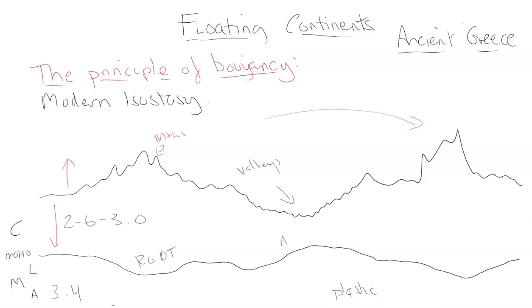And also you can have an anti-root on areas that are lower elevation, so valleys or even ocean plates that are very thin compared to the continent, so 5 to 7 kilometers, with an average continent of between 25 and 35 kilometers. So you'll see that the Moho, the composition level as well, is going to change under the mountains versus the valleys and ocean plates because of these roots and anti-roots.